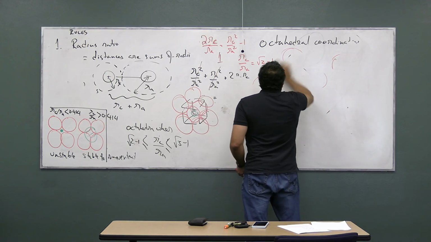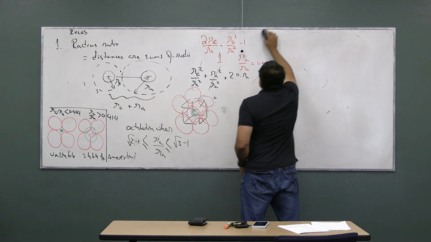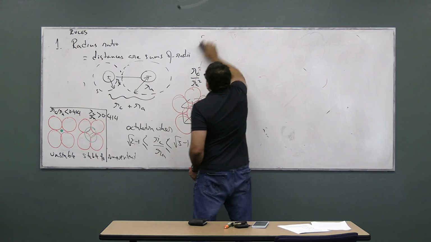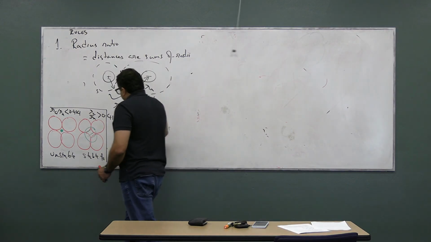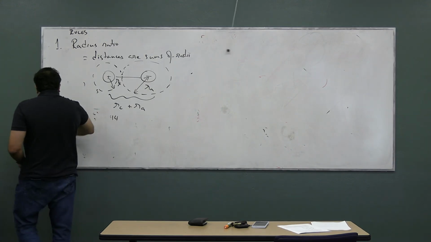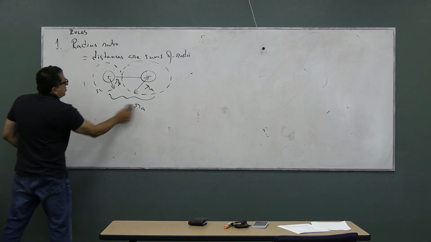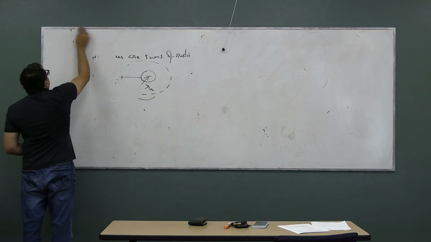And the simplest way to express the rule is to use graphs, as in graph theory. You know what graphs are in graph theory?